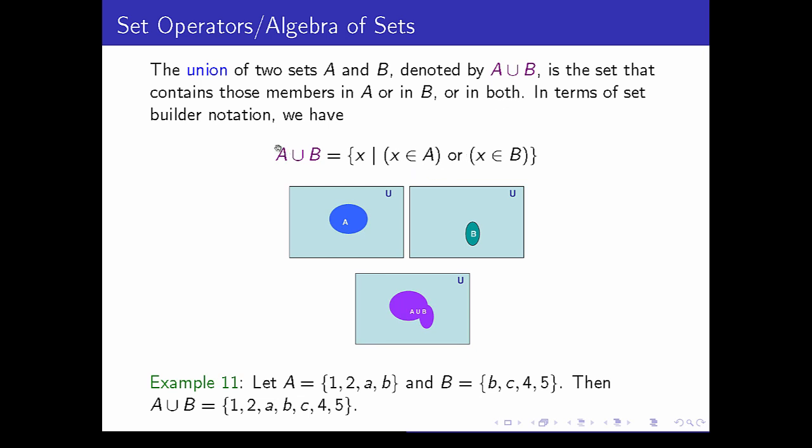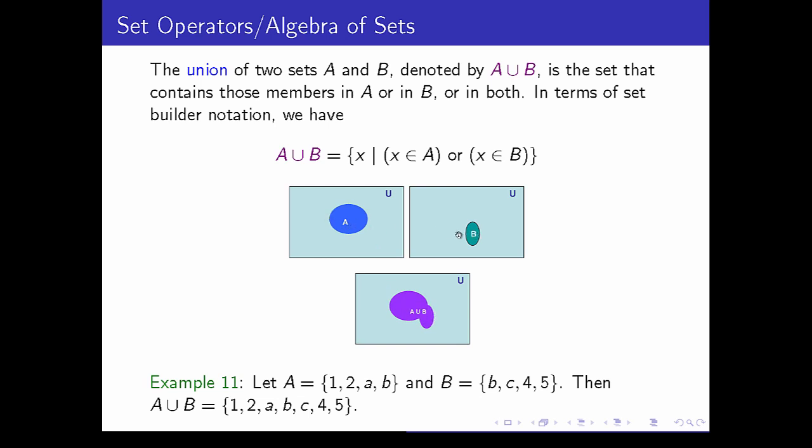Okay, so here's the set builder notation for the union. A union B contains all of the members in A or in B. In terms of the Venn diagram, you can see here we have set A and set B. When we talk about the union of A and B, that is the purple region right here.